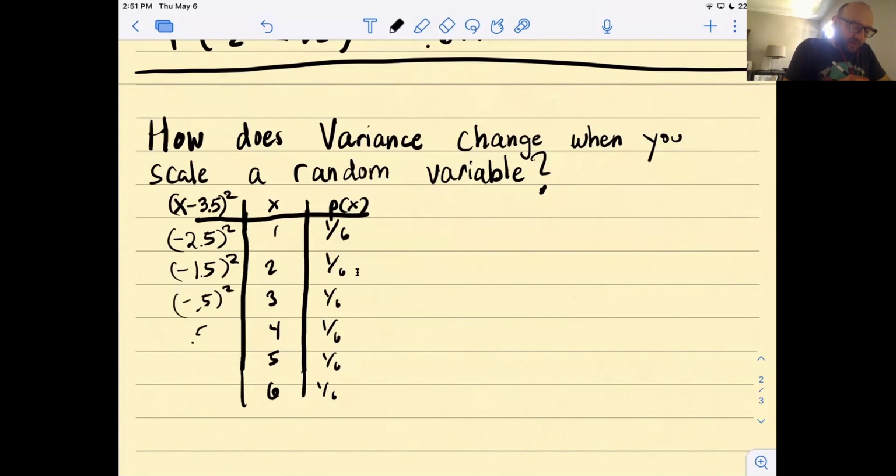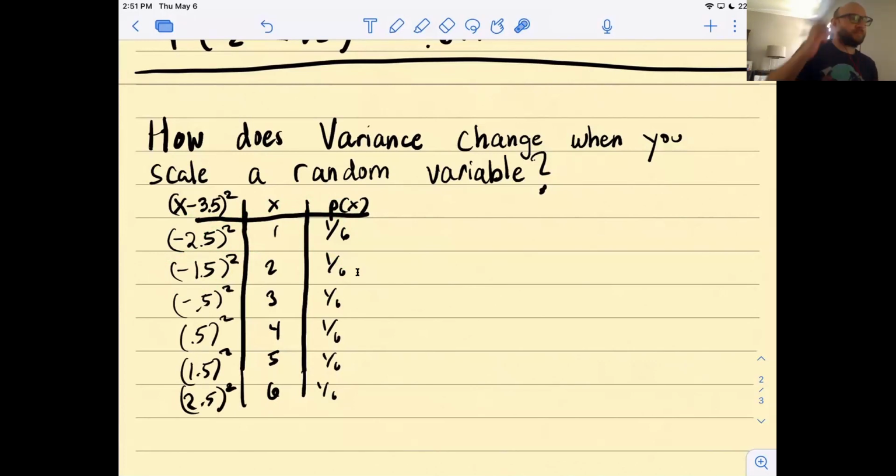This would be 0.5 squared. This would be 1.5 squared, and this is 2.5 squared. Okay. So to get the variance here, I just have to multiply this quantity times the weight, 1/6, this times 1/6, and then add them all together. Thumbs up if you remember this from the spreadsheet and how to do this. Anyone, any questions about this?